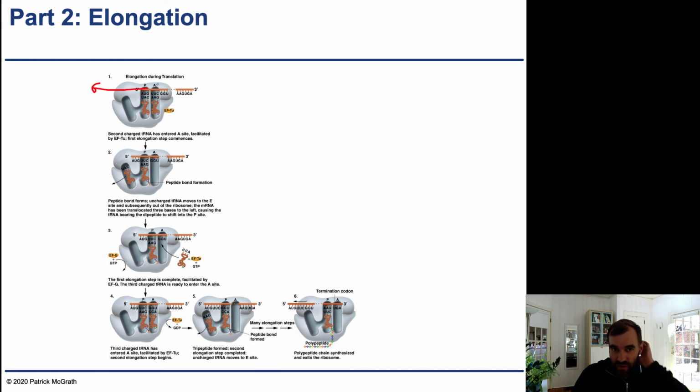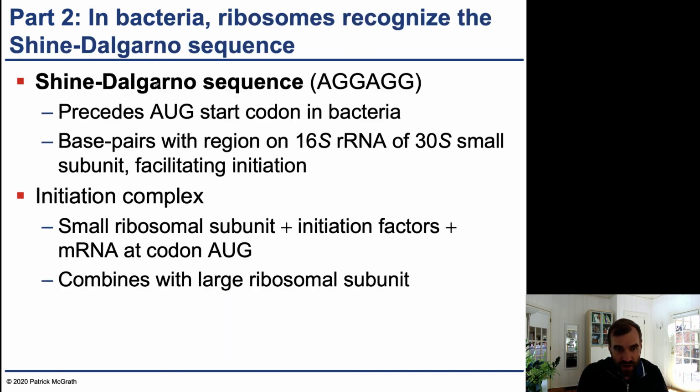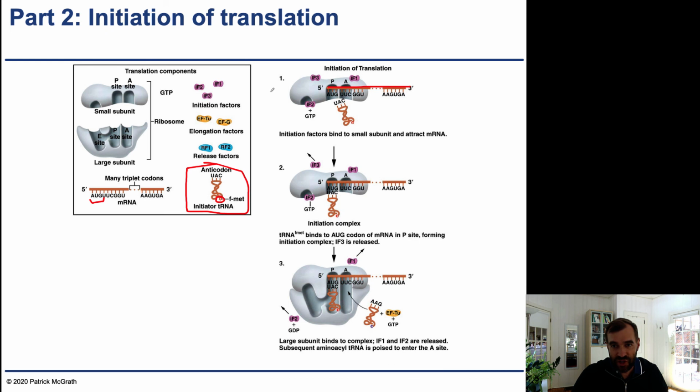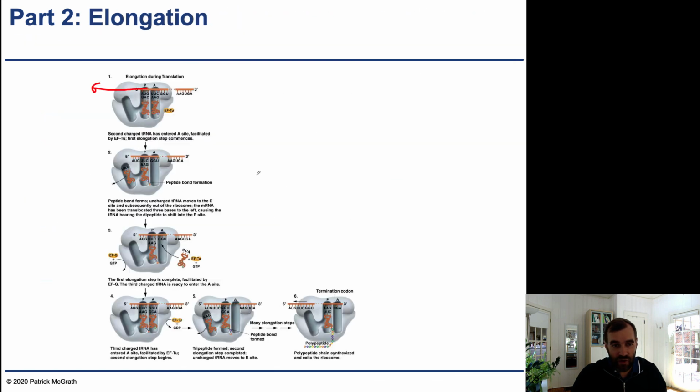We've started with the initiator, so the initiation occurs within the P site. Remember, we saw that there were these three channels. The P site is where the polypeptide occurs. The A site is the active site, so this is where the new tRNA enters. This is the tRNA that binds to the codon just to the 3' of the previous one.